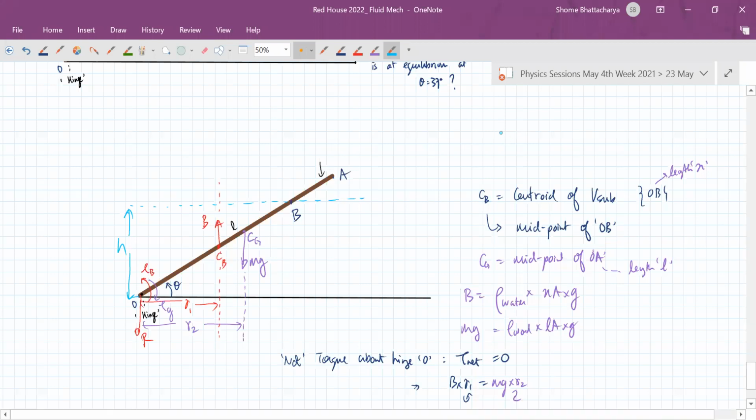As you can see, if you draw the line OB, its vertical projection is H. And this angle is theta. So you have H by X is equal to sine theta.